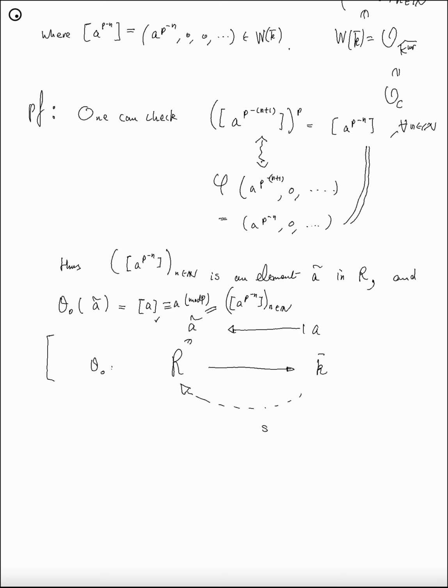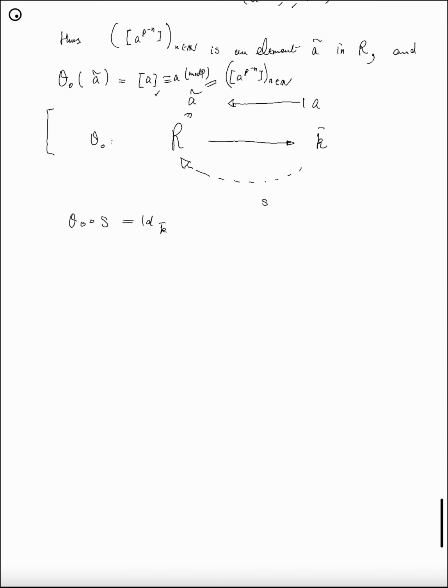And so this tells us theta 0 composed with S equals the identity on K bar. So it's mod p already congruent, not to mention mod the maximal ideal.